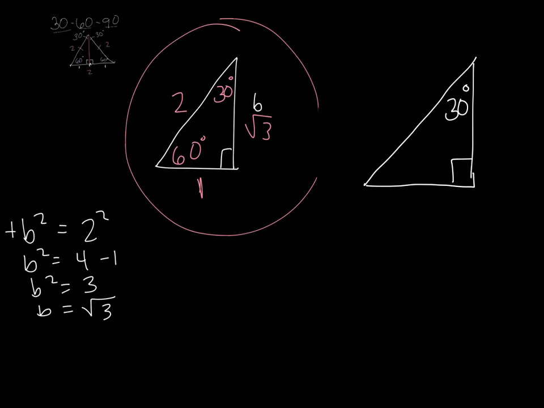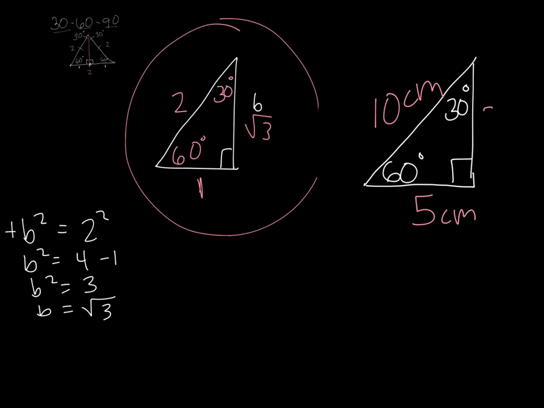You automatically know this is a 30, 60, 90 because this has to be 60 to get us to 180. But let's say I told you that this bottom side here was 5 centimeters. Now all of a sudden, using these ratios, you can very quickly say, okay, so this must be 10 centimeters because you see this side is always twice the length of this side. 10 is twice the length of 5.